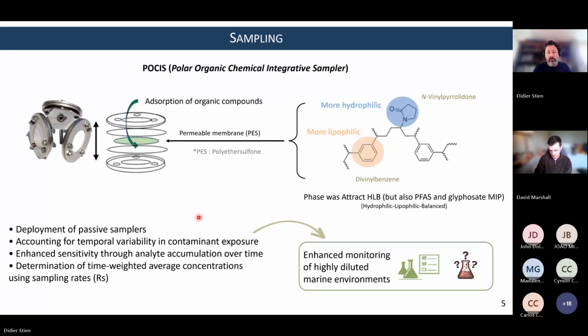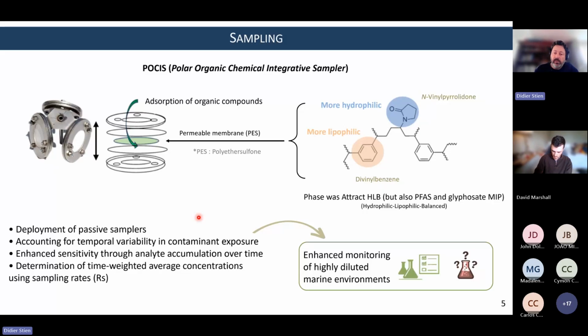So when I will give you concentrations later, it's not a peak concentration, it's an average concentration over time. And this is really important because if you see toxicity based on average concentration, then you can be worried for the environment. And the only drawback of this method is that you have to get sampling rate for any single contaminant that you are going to find.